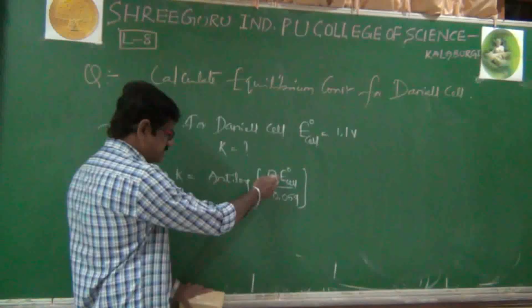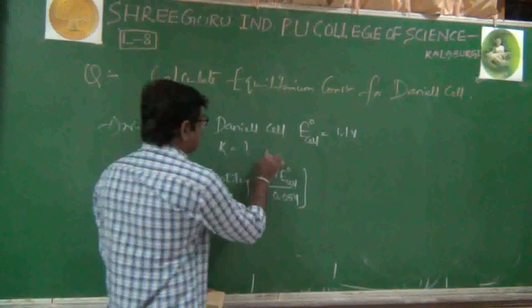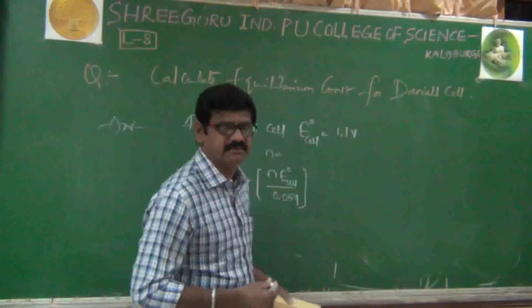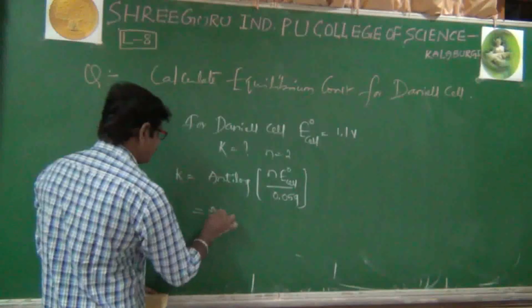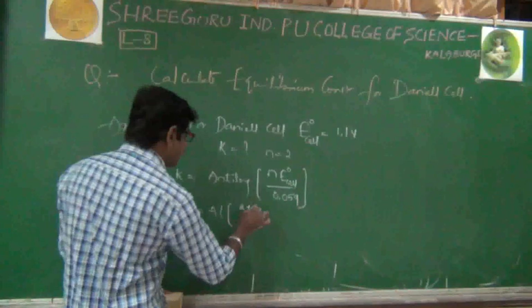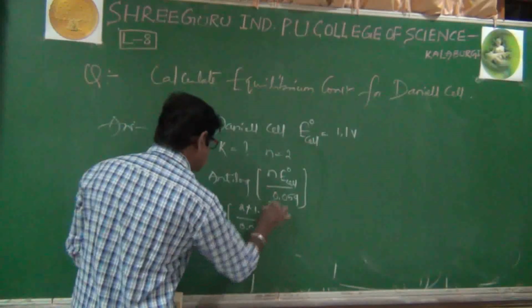Now one more value is needed, that is n, because anyhow we are calculating K. Here n equal to, as far as the Daniell cell is concerned, its n value is just 2 only. That's why n equal to 2. We'll substitute all these values here. Antilog of 2 into E naught cell value 1.1 divided by 0.059.